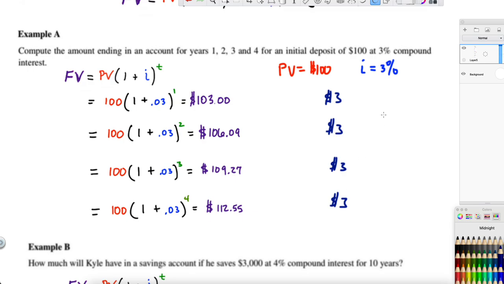So 3 times 4 is 12, and we would get $112. That would be the amount after 4 years with simple interest.